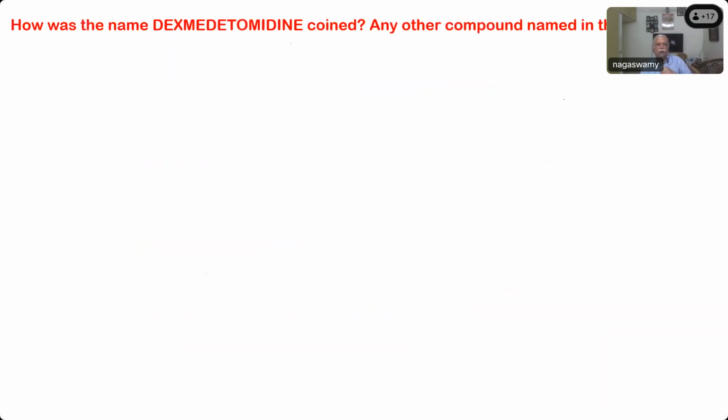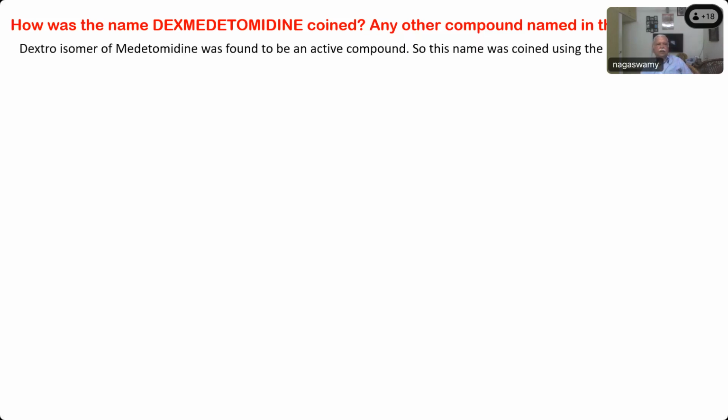How was the name dexmedetomidine coined? Any other compound named in the same way? Why is dexmedetomidine called dexmedetomidine? The dextroisomer of medetomidine was found to be the active compound.